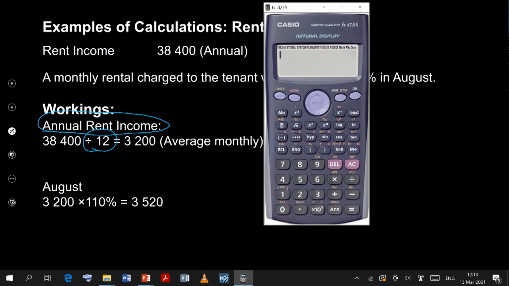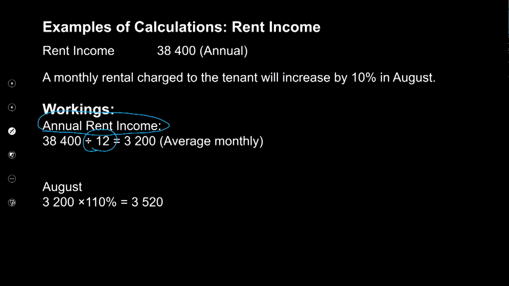Let's take our 38,400. Because it's an annual amount, we divide it by 12, giving me a figure of 3,200. So the monthly average is 3,200. What do we expect to happen? We expect an increase of 10% in August.